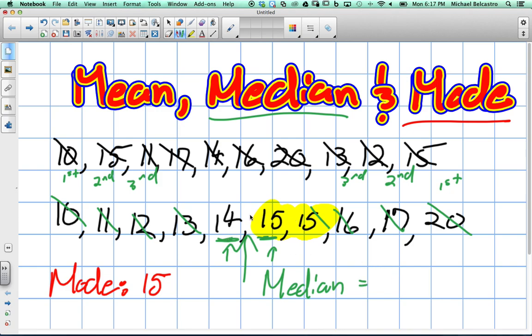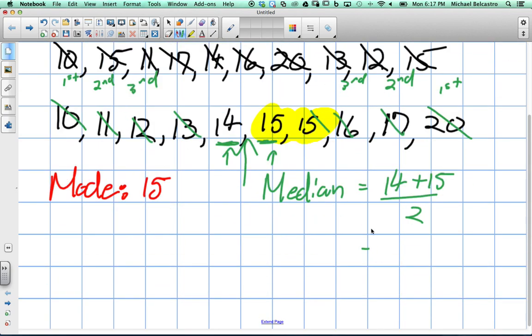In other words, we're finding the average between the two numbers. So 14 plus 15, divided by 2. 14 and 15 is 29, divided by 2, and that's going to be 14.5, exactly what Kyle said. Great. So we know our median is 14.5.